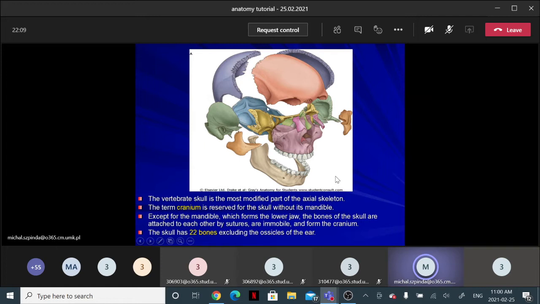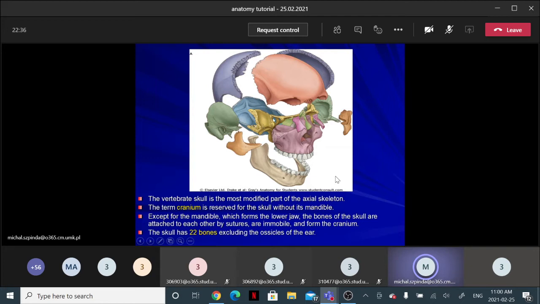The remaining bigger part is involved in the cranial base. In front of the occipital bone on the base is the sphenoid bone. The sphenoid bone is very difficult because it forms the very center.